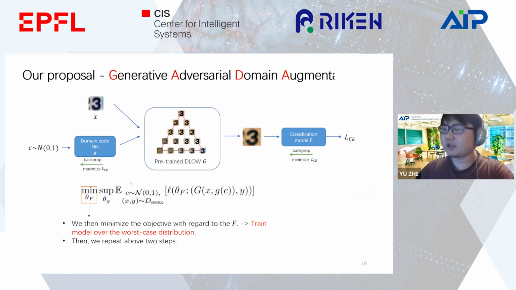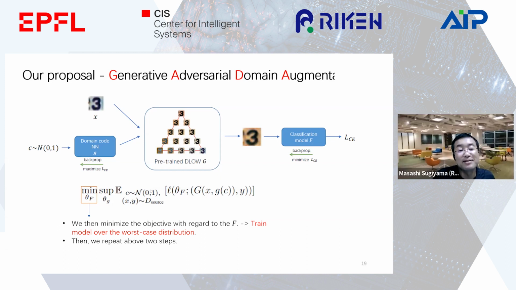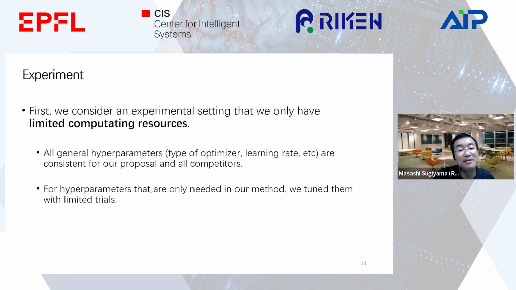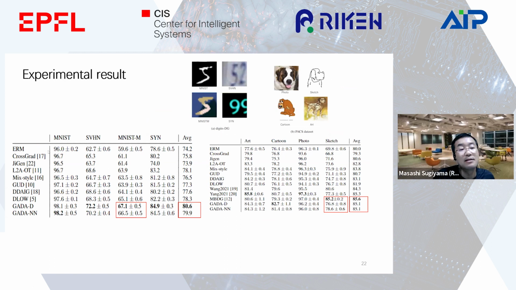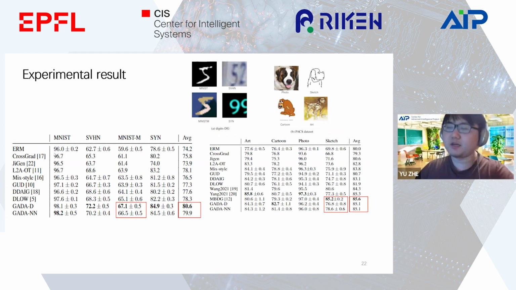So we do not have a lot of hyperparameters in our work. Is the number the same as previous methods, or do you have more? Because different methods have different numbers of hyperparameters. Right. For some methods we have fewer hyperparameters, but for some methods we have more.